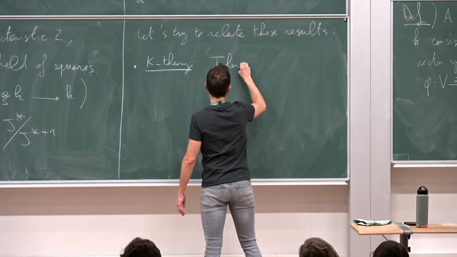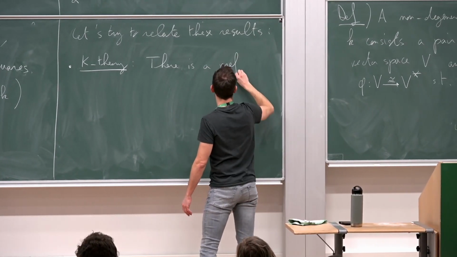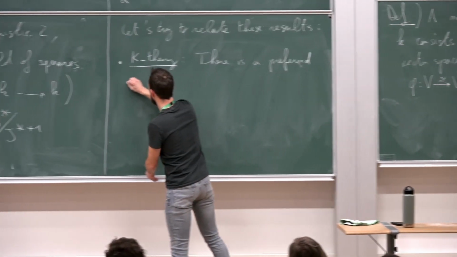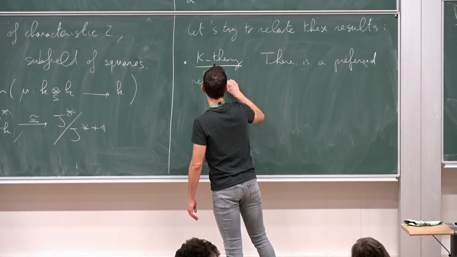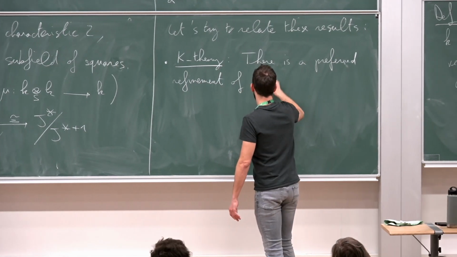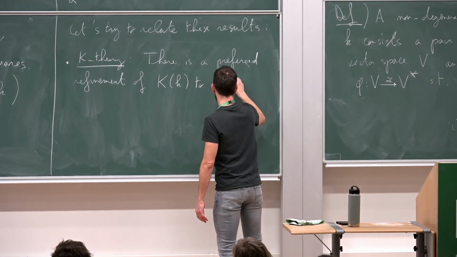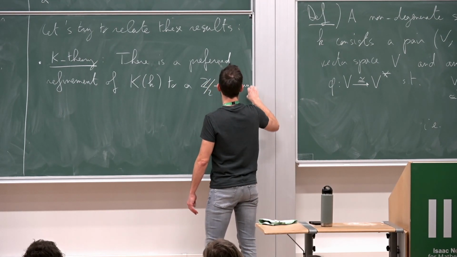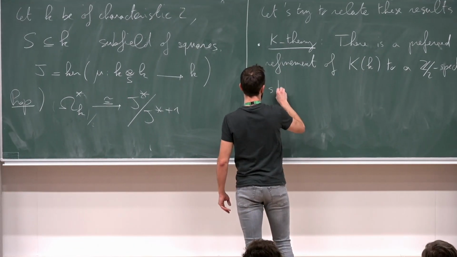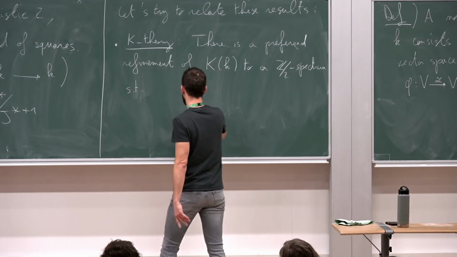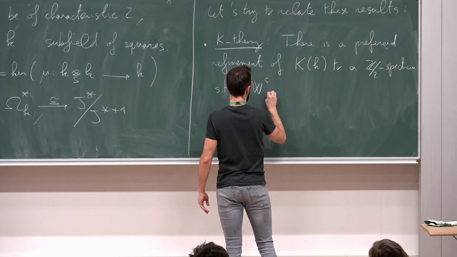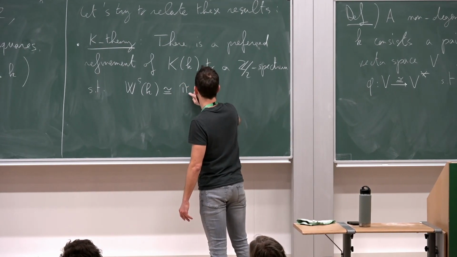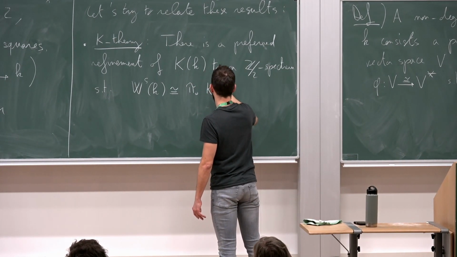There is a preferred, and I wish I had something more specific to say here, refinement of algebraic K theory to a Z/2 equivariant spectrum with the property that those groups that come up in Milnor's conjecture are in fact pi 0 of the geometric fixed points of this refinement.